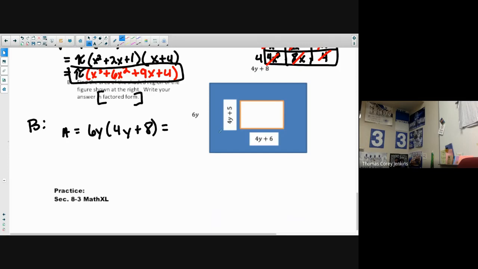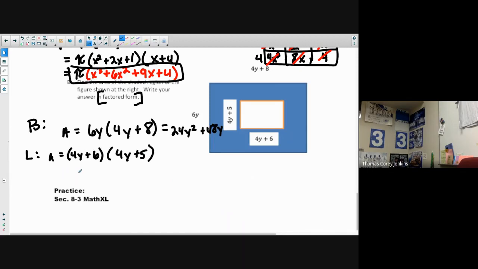All right, and then my little one is a little tougher because we have binomial times binomial. So there we have 4y plus 6 times 4y plus 5. And I know I'm working through this pretty quick, but I just want to get you to the point where you're going to write your answer in factored form. All right, so distribute the 4y.